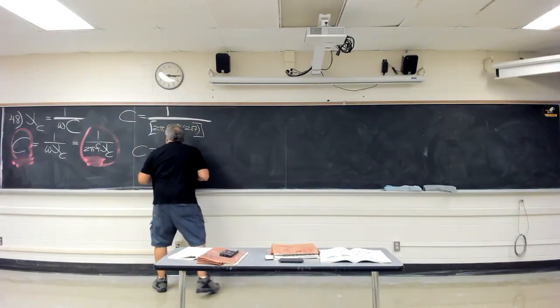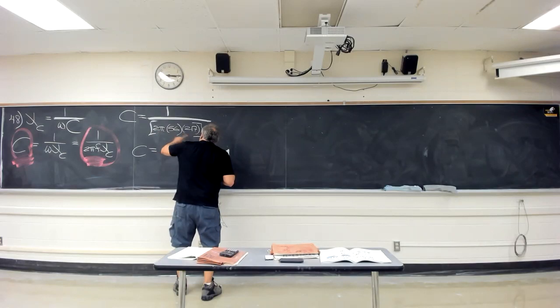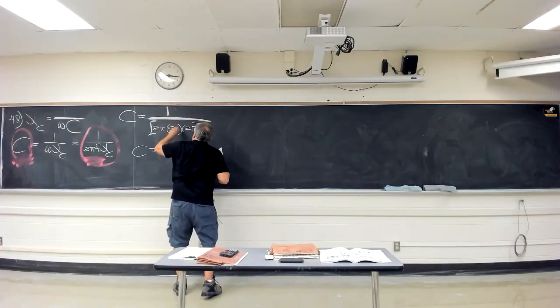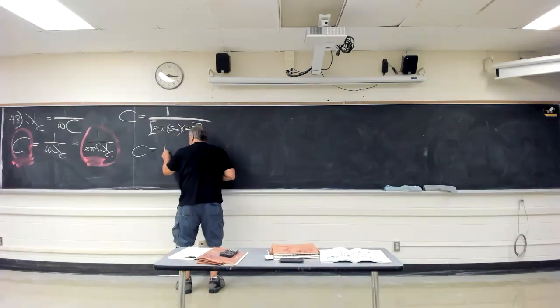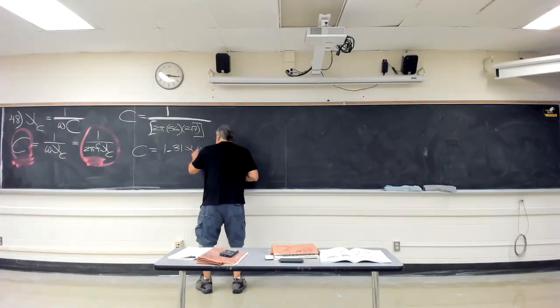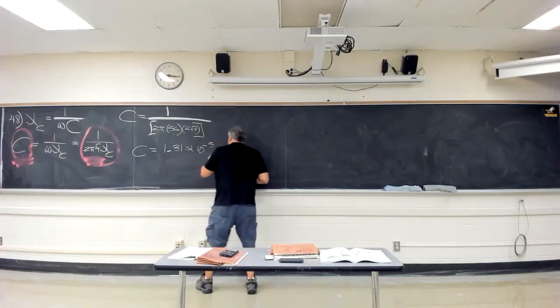You multiply all this bottom stuff out, get an answer, get its reciprocal, which is 1 over all that stuff. In other words, 1 divided by that product should give you 1.31 times 10 to the negative 5 farads.